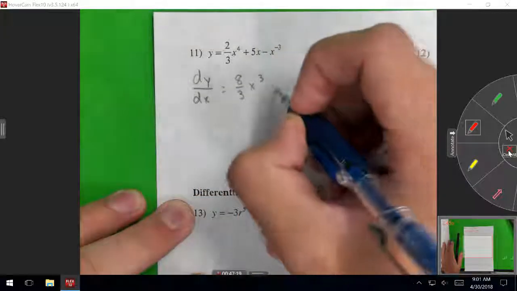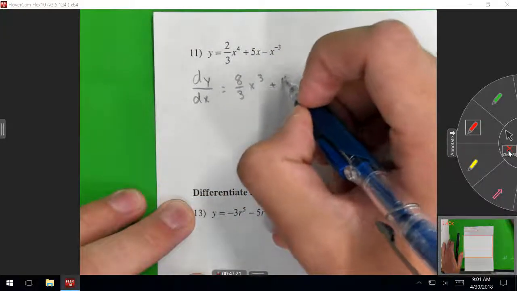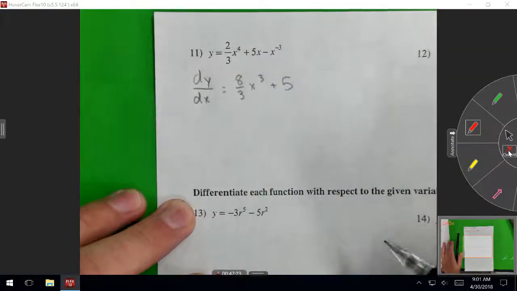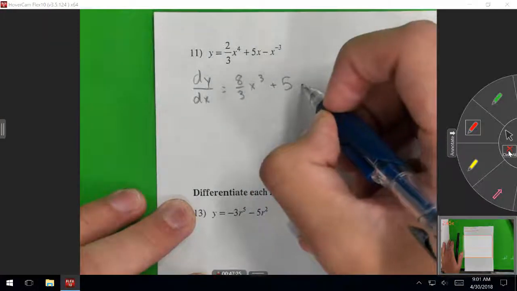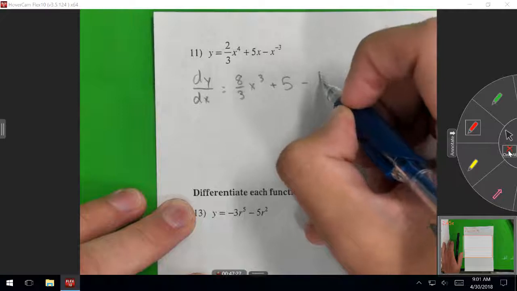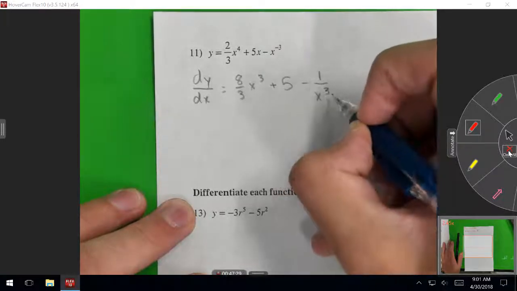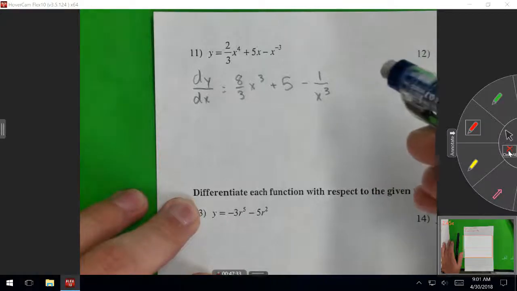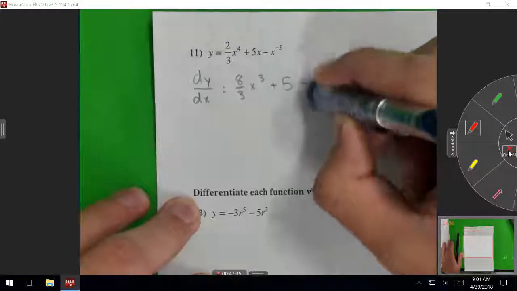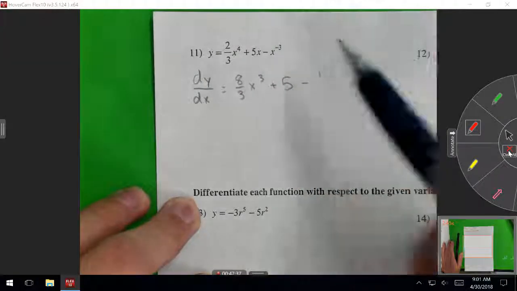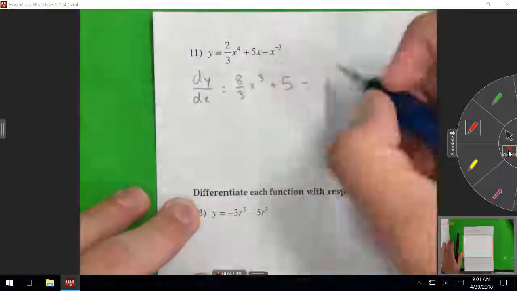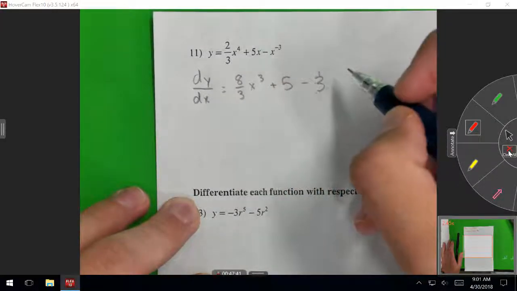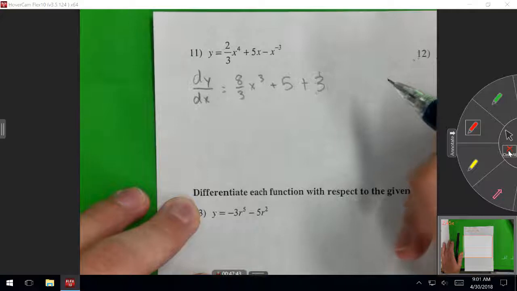X to the 3rd, and then this would be plus 5, right? And then wouldn't I have to rewrite it first? You don't really need to rewrite it there because you already got an exponent up there, don't you? Okay, yeah. So -3 times -1 is positive 3. Does everybody understand?